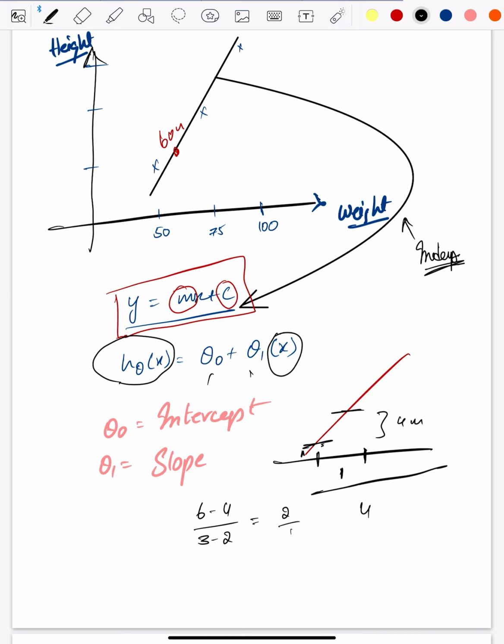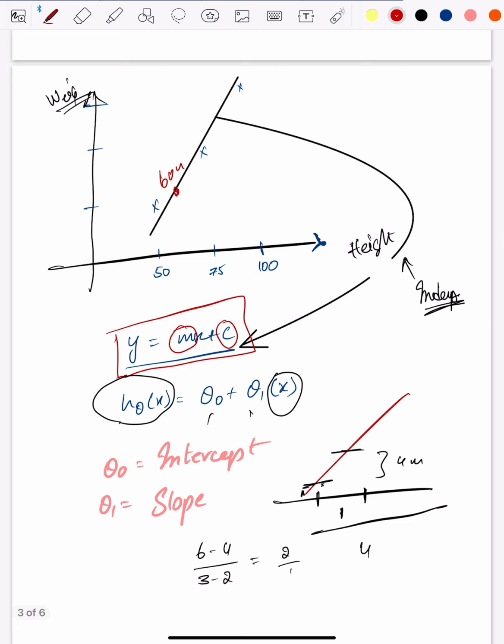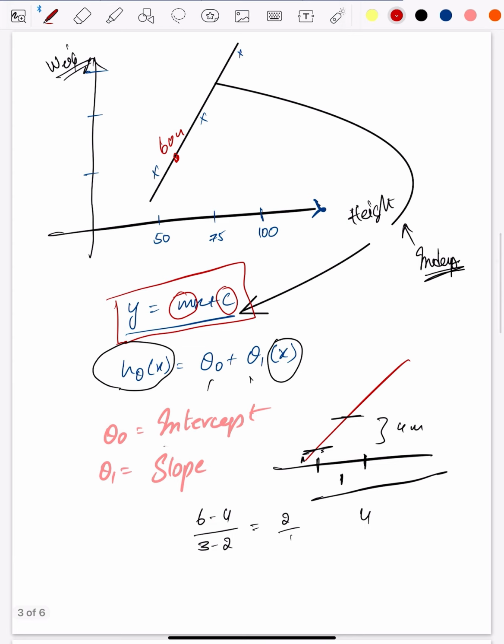Oh, sorry guys. This is height, this is weight, in the sense that whenever the height is increasing, the weight is gonna increase. What was I saying? Oh, I'm talking about the intercept, right?